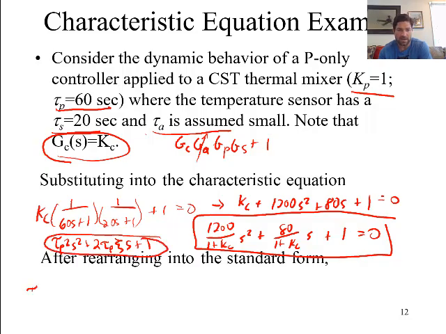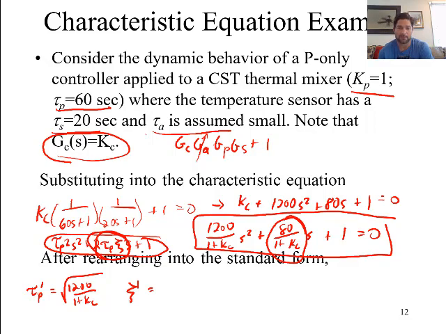I now know that my tau p prime for my closed loop feedback process is the square root of 1200 over 1 plus kc. So for this second order process, if we know kc, we can just put it in here and get the time constant. I also know, equating this, that 2 tau p zeta equals 80 divided by 1 plus kc.